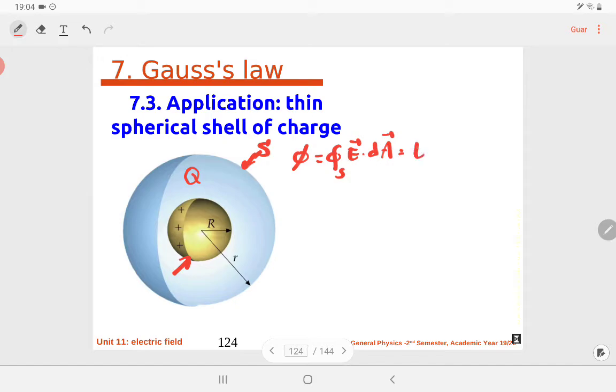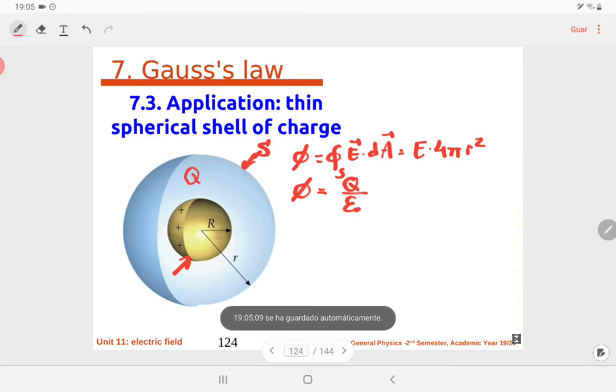So it's just a matter of multiplying its modulus by the total surface, which is 4 pi r squared. Okay, and on the other hand, this has to be equal to the total charge inside S, which is Q, because there's nothing else inside than this charge, divided by epsilon sub 0.